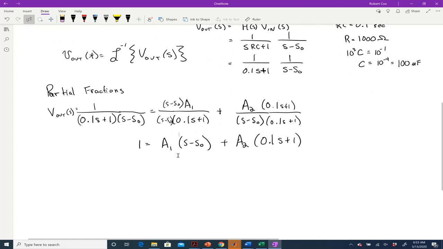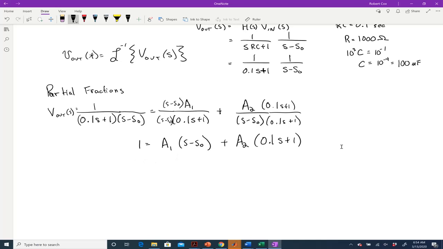Okay. So our job now is to figure out, well, what is A1 and what is A2? All right, so let's start with that. I'm going to start with A2 first. Okay, so to do that, let me do this slowly.